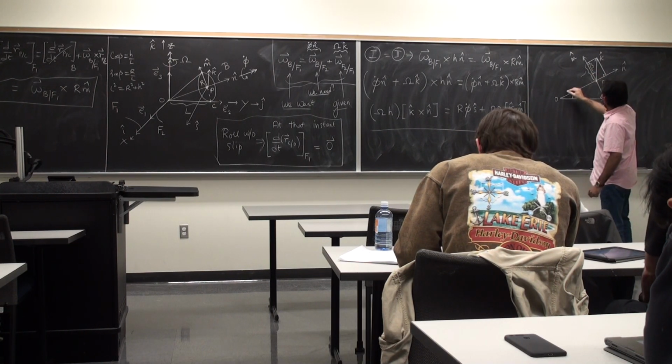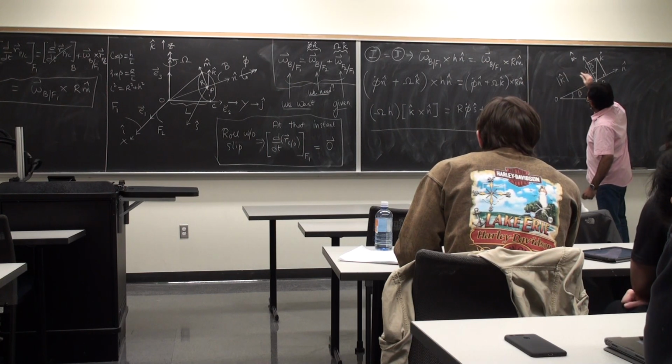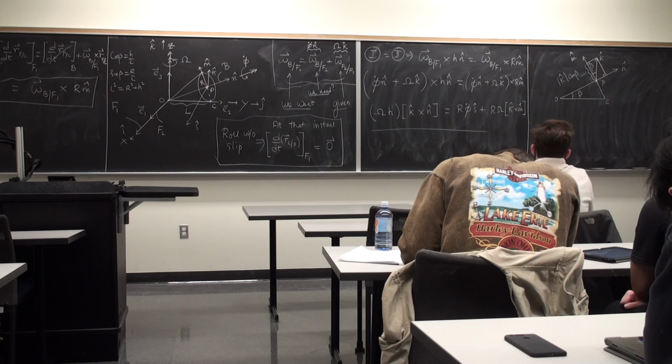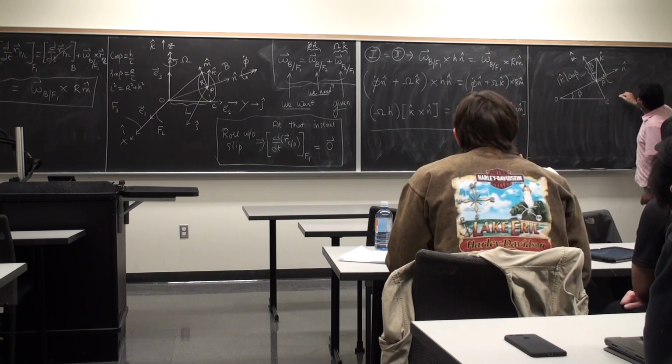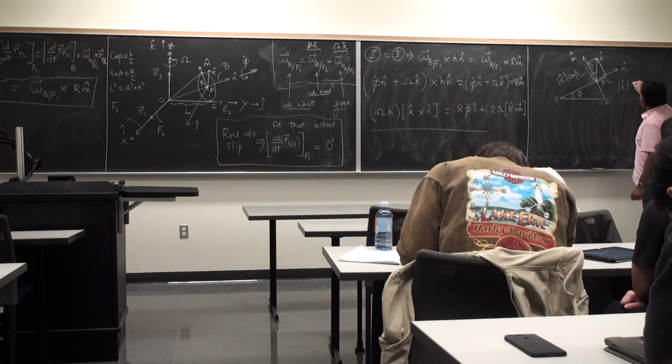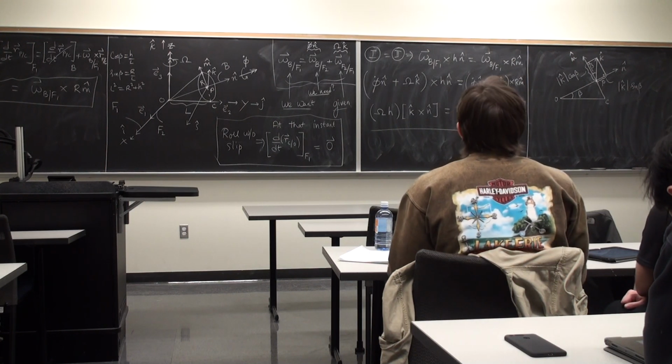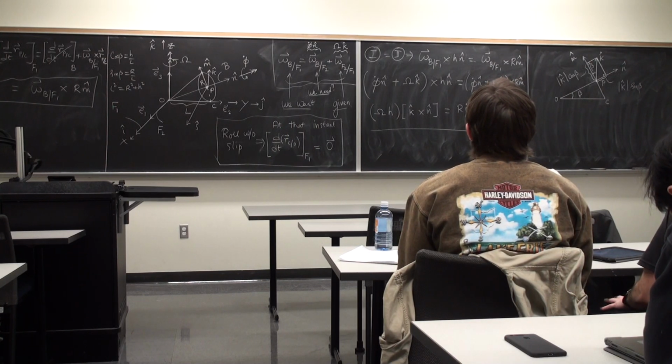So this is going to be the magnitude of k hat multiplied by cosine beta, and this guy is magnitude of k hat cosine of 90 minus beta or sine beta. And so k hat can be written.